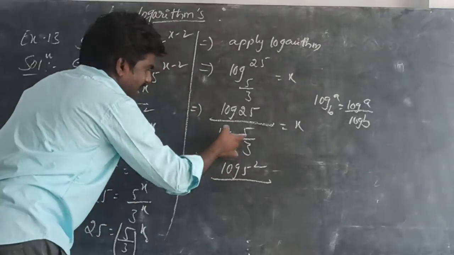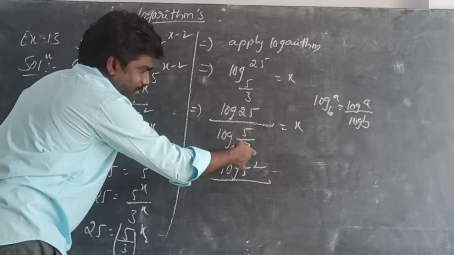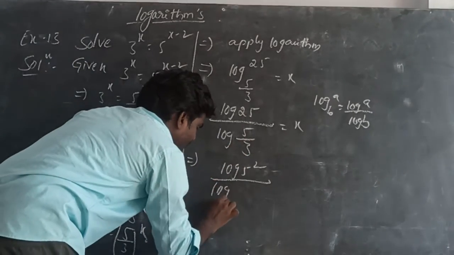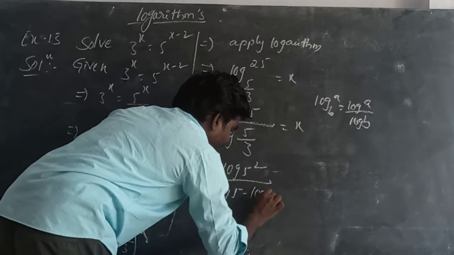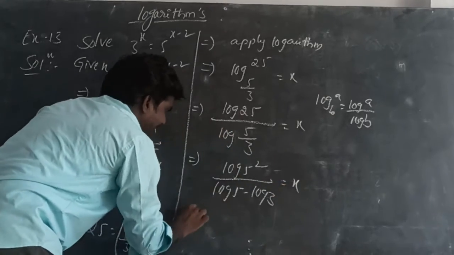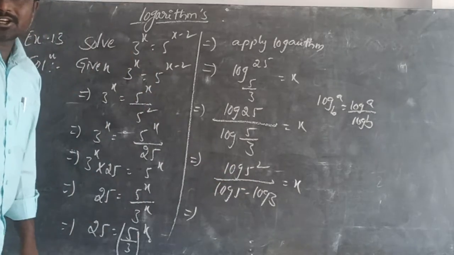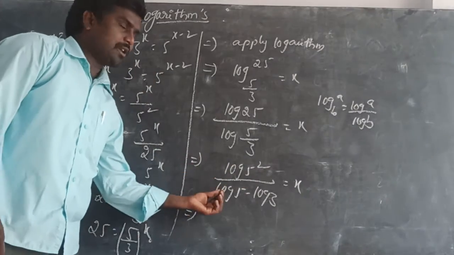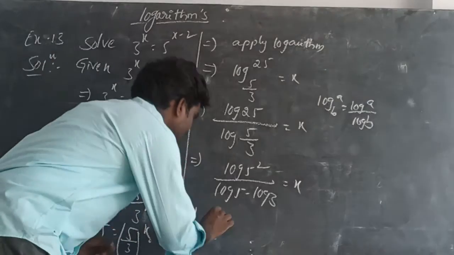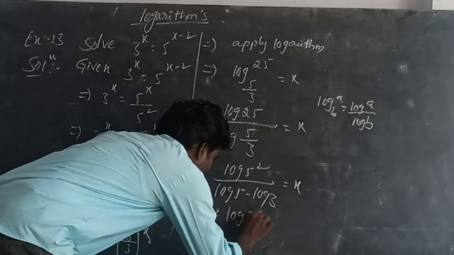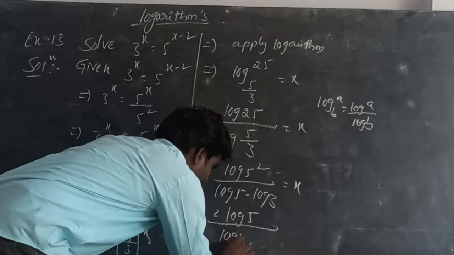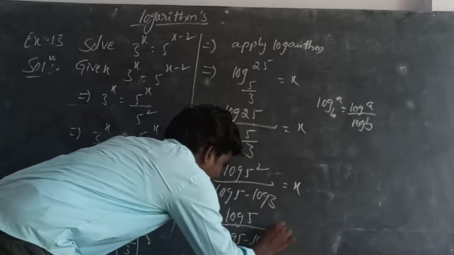Next, log x by y is log x minus log y, that is log 5 minus log 3 is equal to x. Again here we can apply it to log 5 square. Which formula to use? Log x power n base a is equal to n log x base a, that is 2 log 5 by log 5 minus log 3 is equal to x.